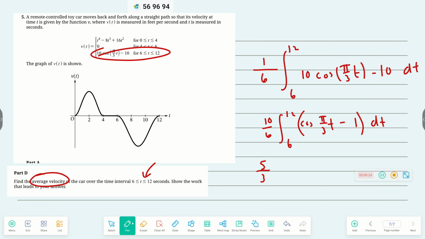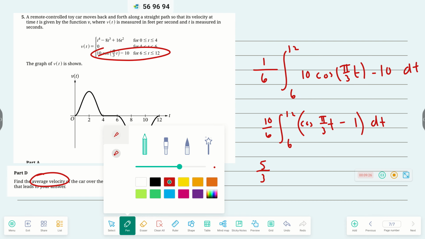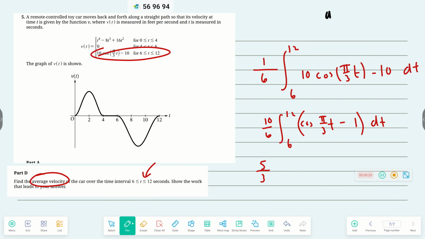So let's do that. If we let u be pi over 3 t, then the derivative of u with respect to t is pi over 3, which in turn means that du is pi over 3 dt, which means that dt is the same thing as 3 over pi du.